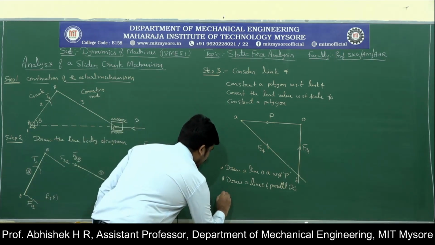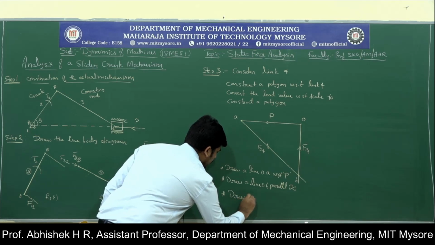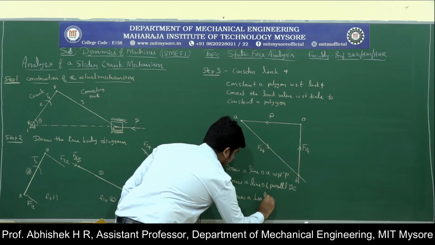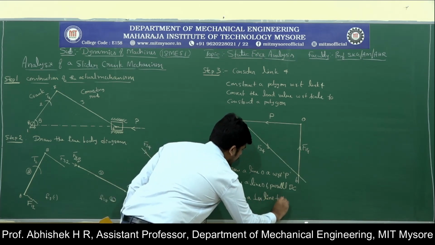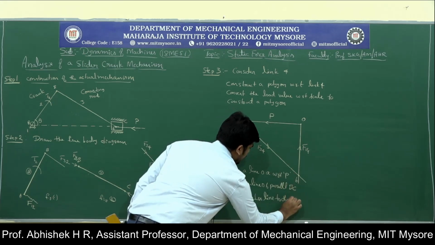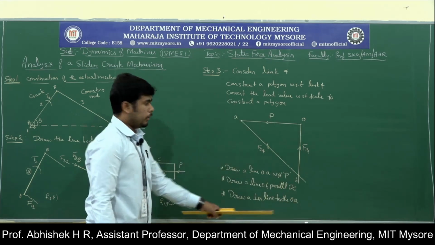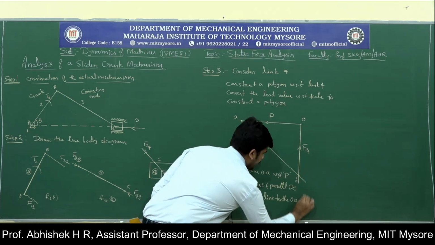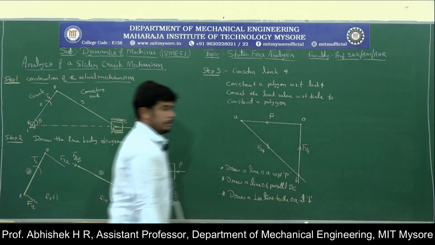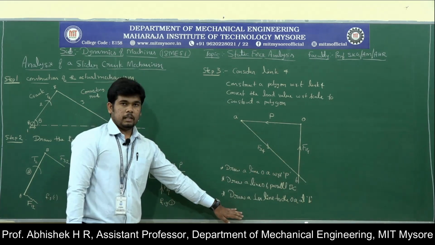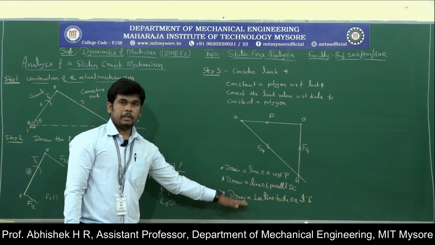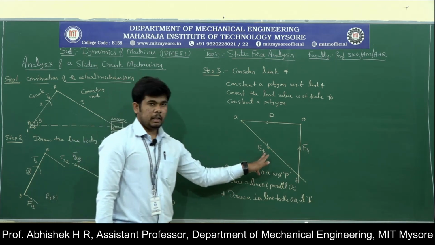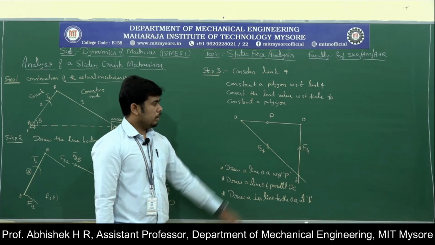Then draw a perpendicular line to the OA at B. So these are the steps that you need to follow to construct the polygon.